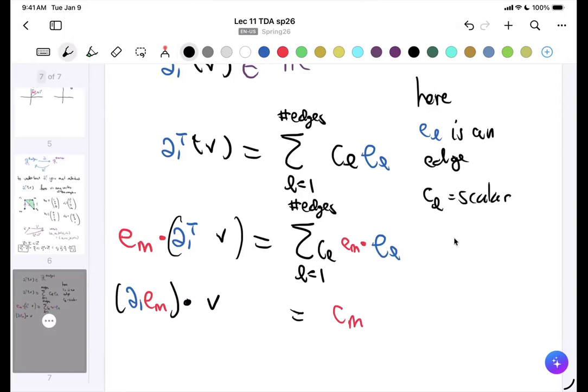But now, what is the boundary map on an edge?